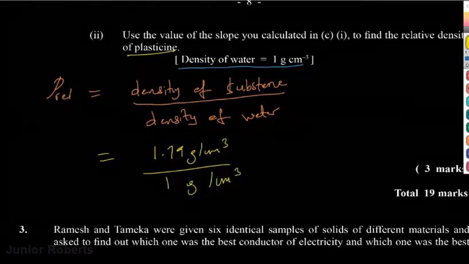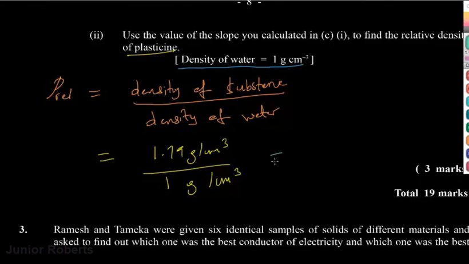Now, let me ask you, what would the value be for the relative density of plasticine? I need its value, and I need you to tell me whether or not it has a unit, and if it does, what is the unit? What would be the value when you divide 1.79 gram per centimeter cube by 1 gram per cm cube?